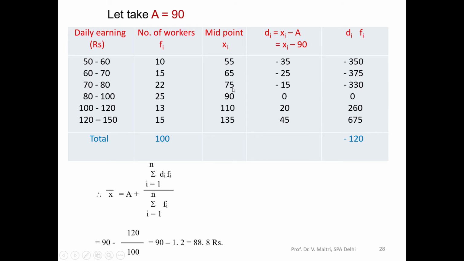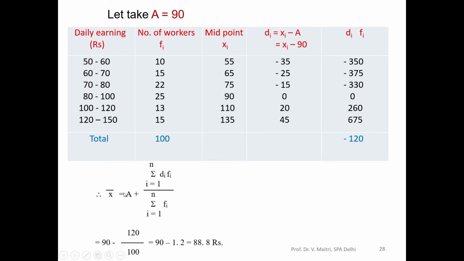You can also take 75, nobody stops you, the result will be the same. So Di is equal to Xi minus A, Xi minus 90: minus 35, minus 25, minus 15, 0, 20 and 45. Now Di multiplied by Fi: minus 350, minus 15 multiplied by 25 is minus 375, minus 15 multiplied by 22 is minus 330, then 0, then 260 and 675, and the total is minus 120.